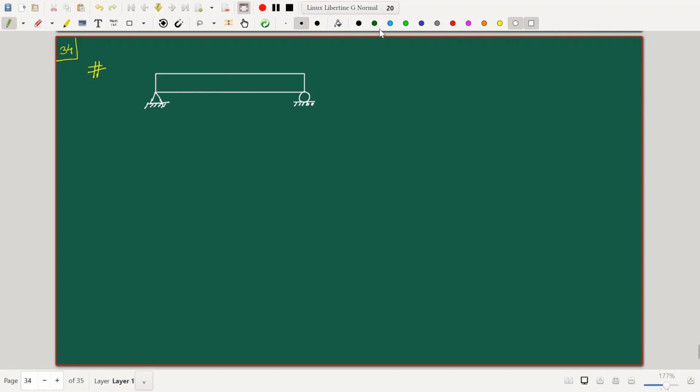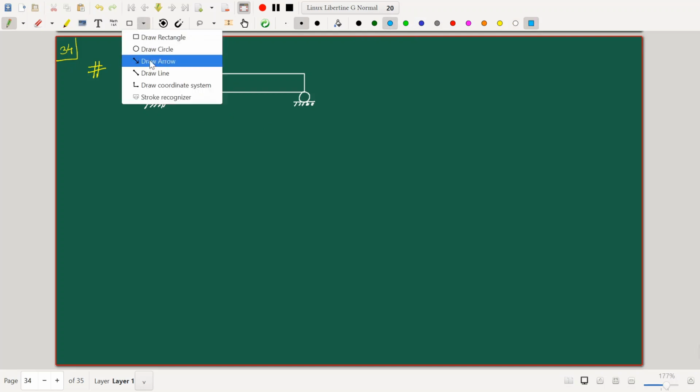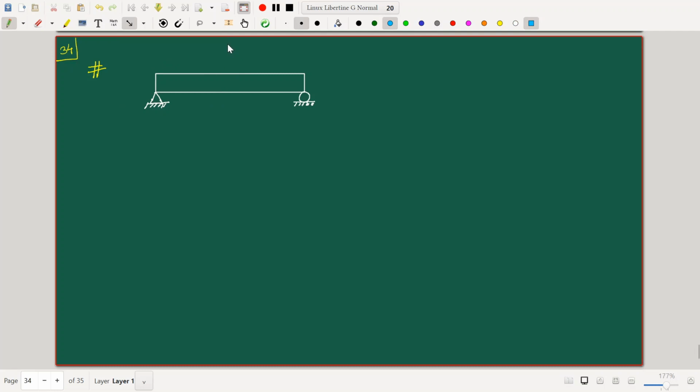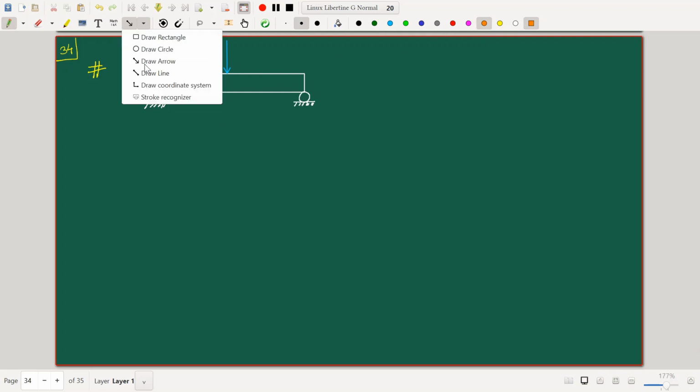The point force is acting again in the vertically downward direction, but perfectly at the midpoint here. Maybe this diagram is not perfectly accurate, but you get the sense. Let me just clarify the whole thing.